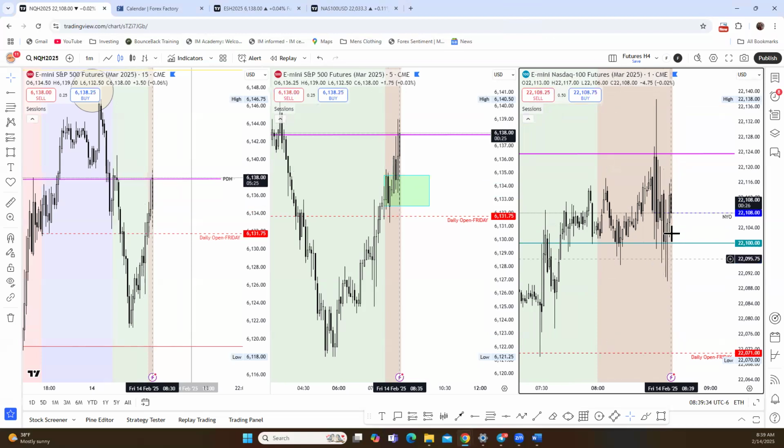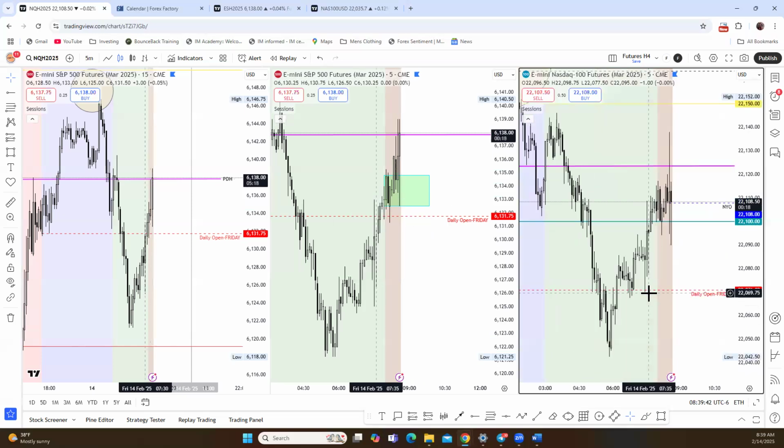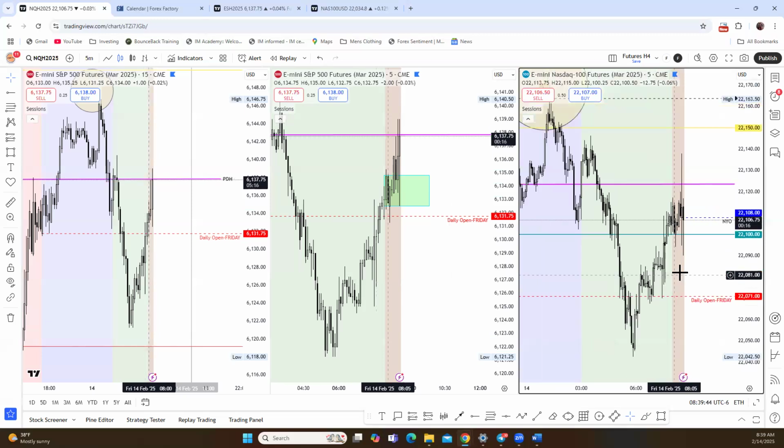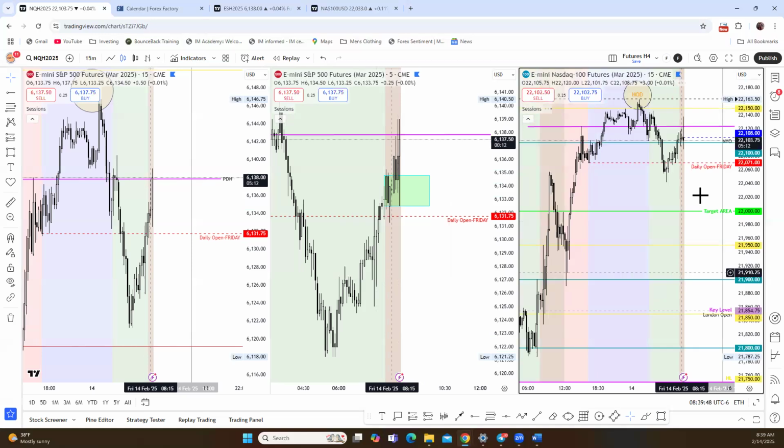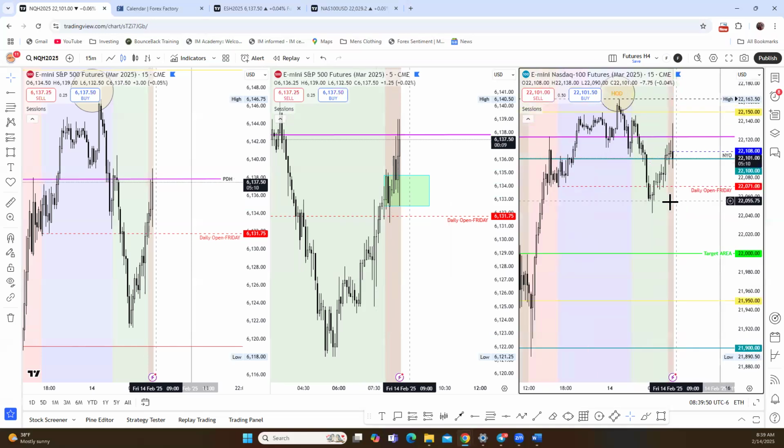Now, can they manipulate? Of course they can. All right. But if we can continue to see 5 minute wickage, 15 minute wickage, so I'm going to look at 15 with you guys. If we can see that 15 wick away from that 22-1 area, then that would be good to follow this.